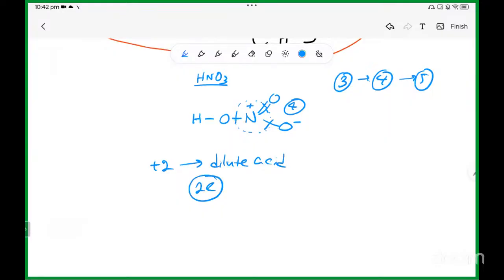So what are the elements that can release 2 electrons? First group elements cannot, because the electronic configuration is ns1. Then let's go to the second group, which has ns2. That can create +2.